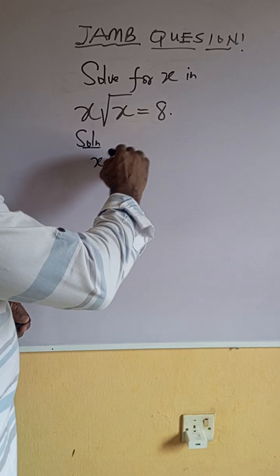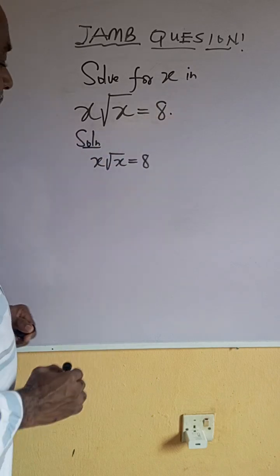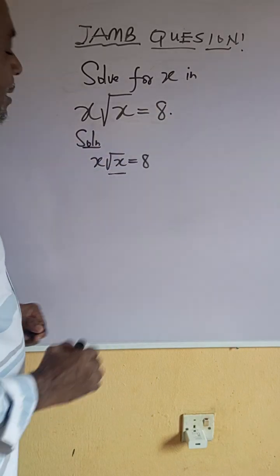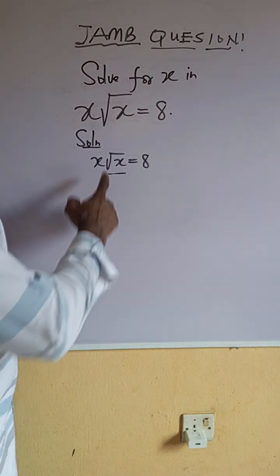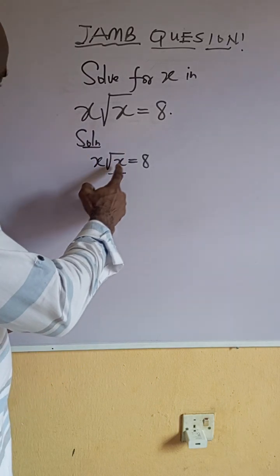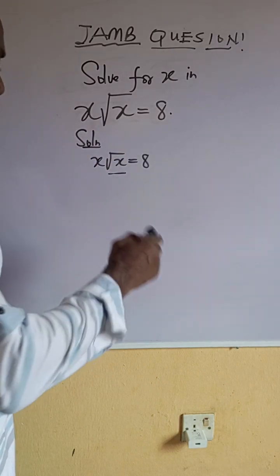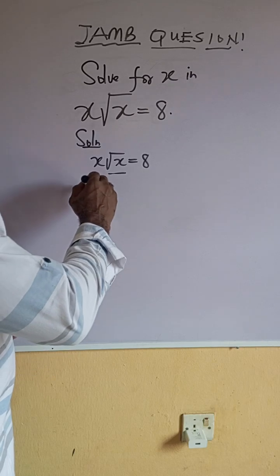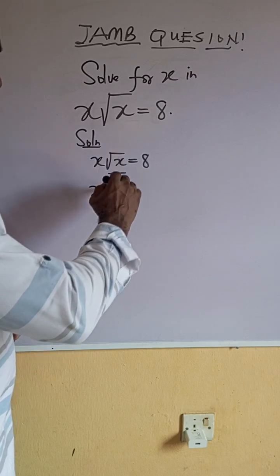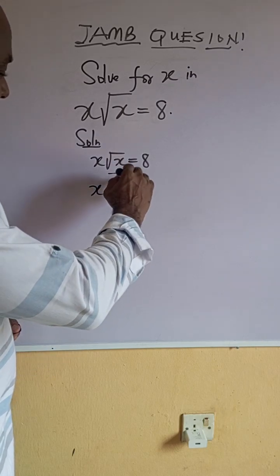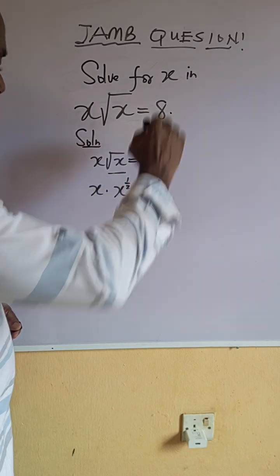x root x are equal to 8. Without wasting time, we shall change this x root x to look like x dot x raised to the power 2 all equal to 8.